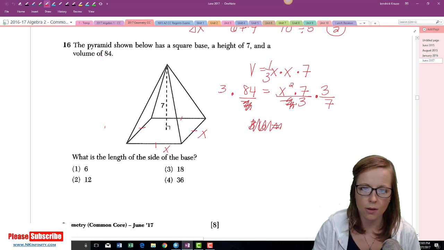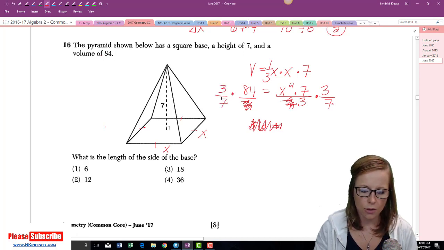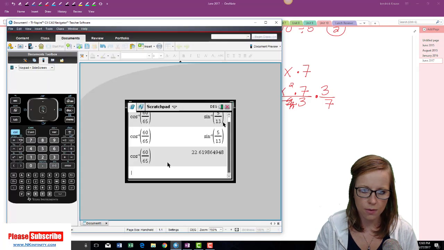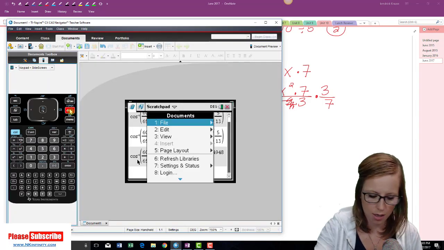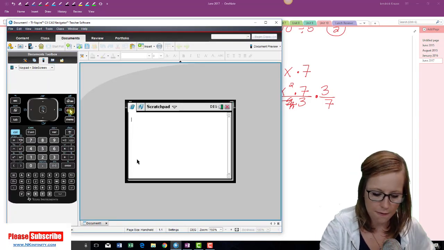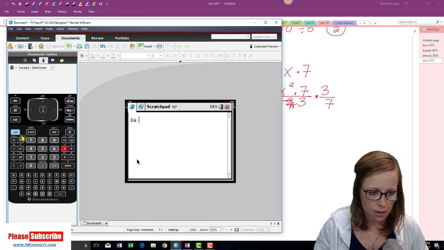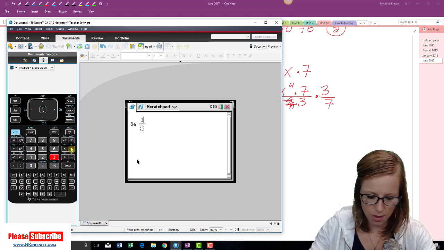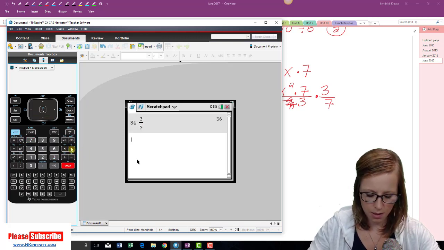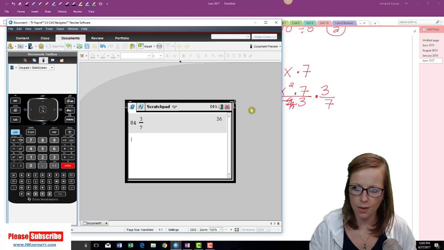Multiply by 3/7. Okay, so in your calculator, and let me clear out this junk, 84 times 3/7 is 36. There's where the 36 came from.